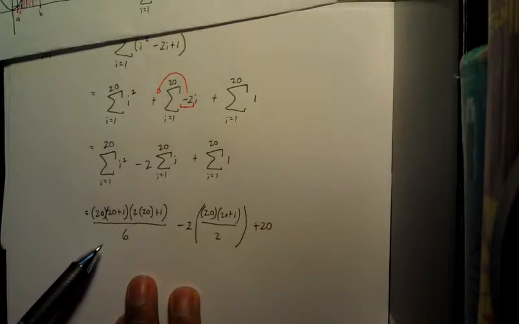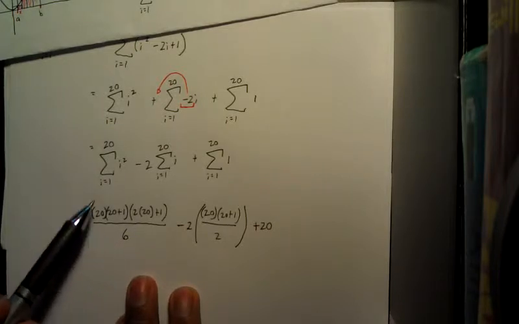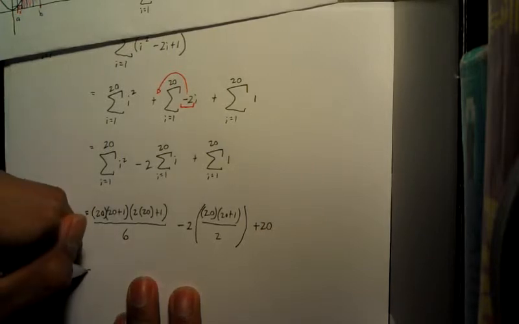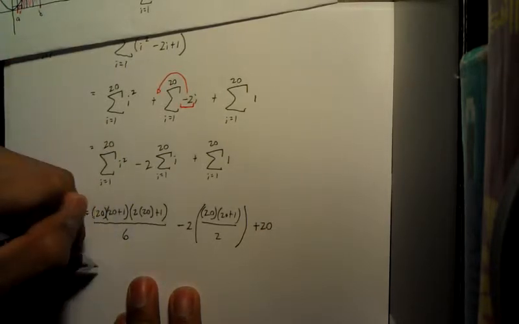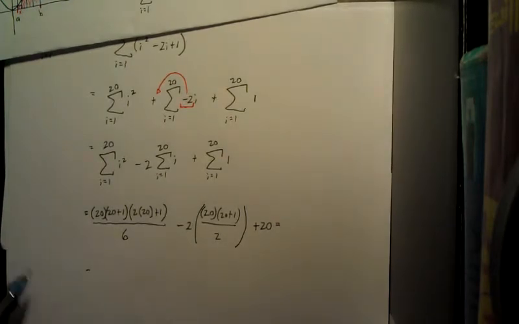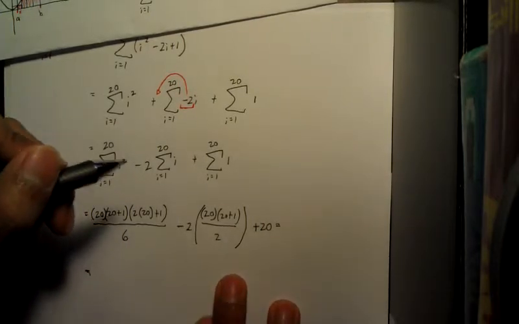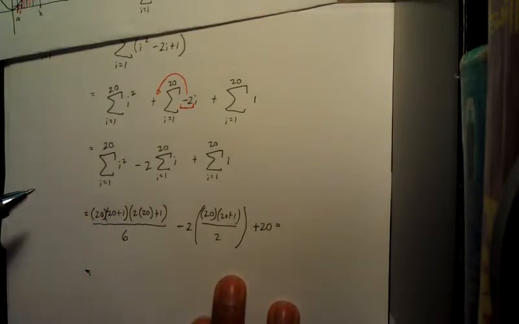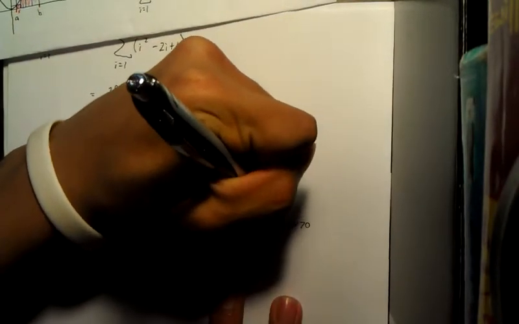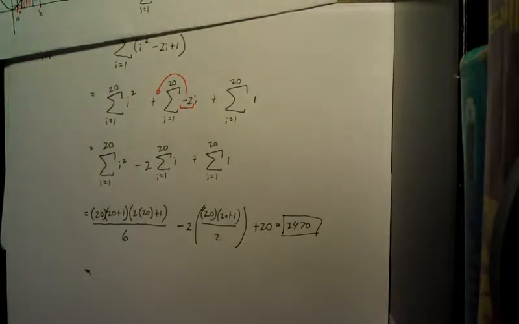Now that we've gotten rid of all of our i's and even all of our n's, we can just solve this with our calculator, and after doing all of the math and distributing and FOIL and all that, your answer comes out to be 2,470.